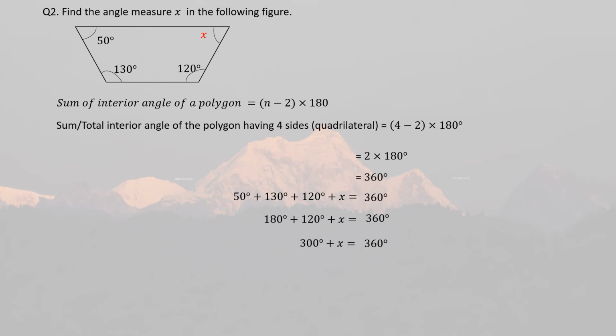We need to take 300 to the right hand side, leaving x on the left hand side, so 360 minus 300, so the value for x is 60 degrees.